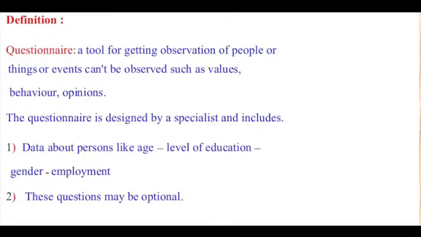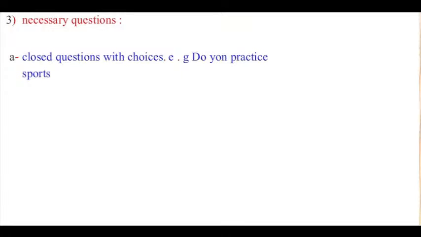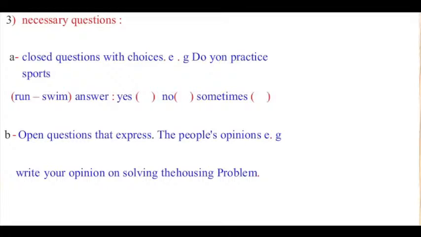The questions may be optional. 3. Necessary questions. A. Closed questions with choices like do you practice sports? Run, swim. The answer yes or no or sometimes. B. Open questions that express the people's opinions like write your opinion on solving the housing problem.